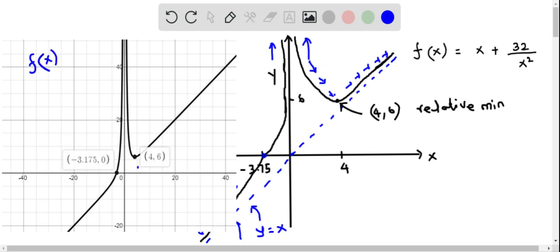You can clearly see that it has a relative minimum at 4 comma 6. This is the x-intercept, and this is the slant asymptote, y equal to x. Here it is decreasing, and this is also the vertical asymptote at x equal to 0.